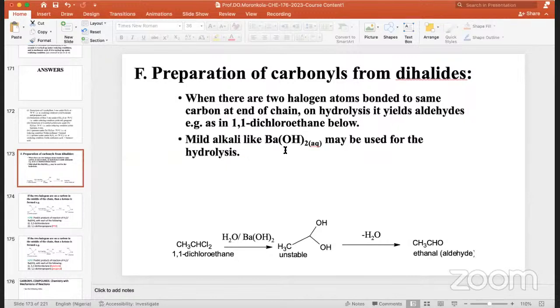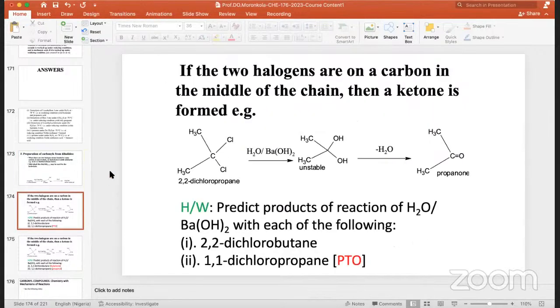The mild alkali barium hydroxide may be used for hydrolysis. Now, if you have the two halogens on a carbon in the middle of the chain, then a ketone will be formed, like I earlier showed you.